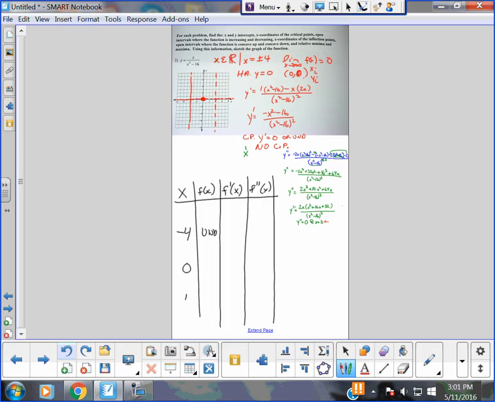And I know positive 4. So all I really care about on the first derivative, because there were no critical points, is what is happening. I'm looking up here at the first derivative right there. You guys see it? At this point, I probably would factor this, so I see this.